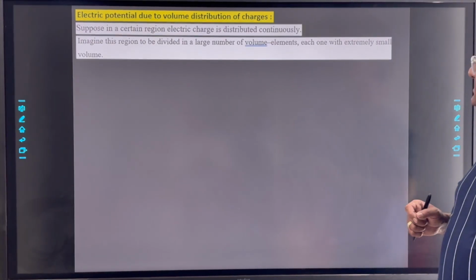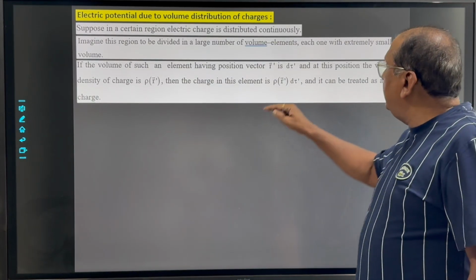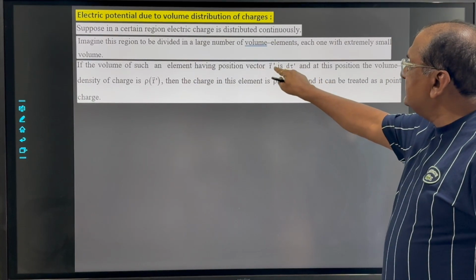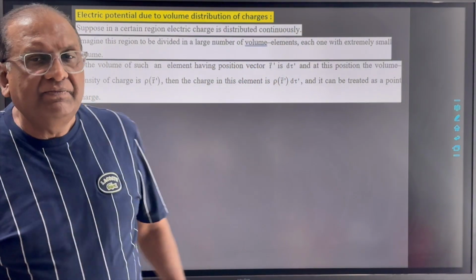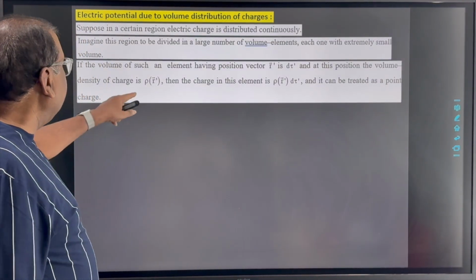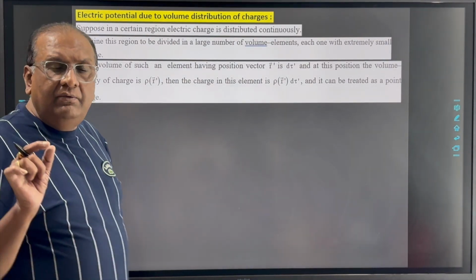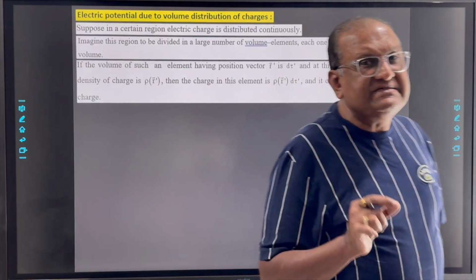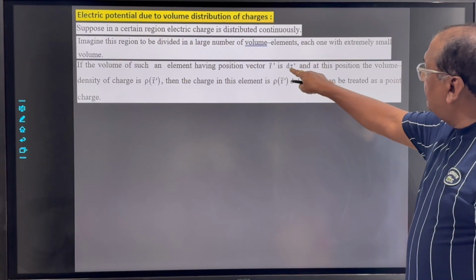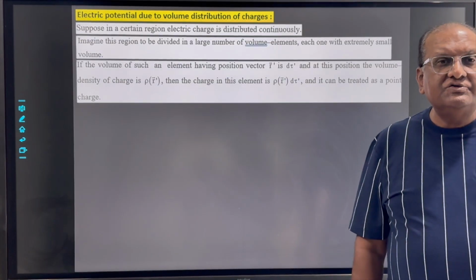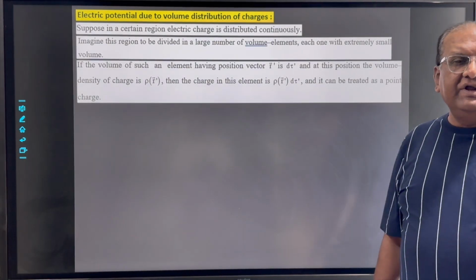So here suppose we consider one small volume element d tau dash, which is at position r dash, and suppose the volume charge density is rho at position r dash. Volume charge density means charge per unit volume. We considered the volume d tau dash. So per unit volume the charge is rho, then in d tau dash how much?